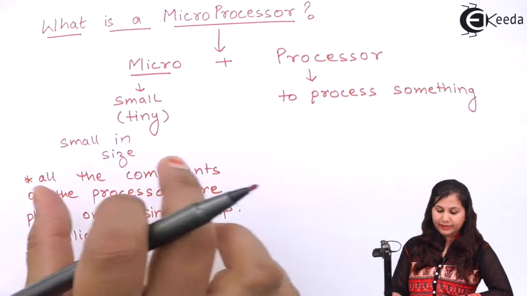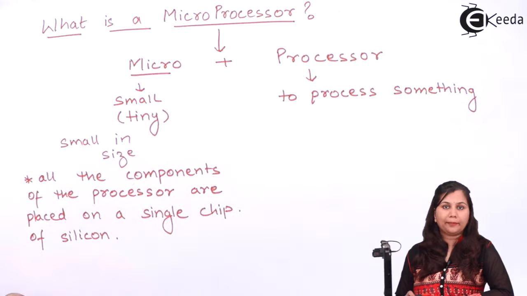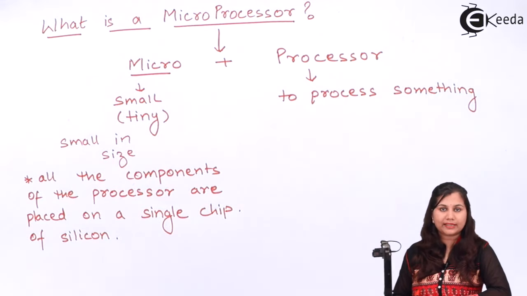All the components of the processor are placed on a single chip of silicon.